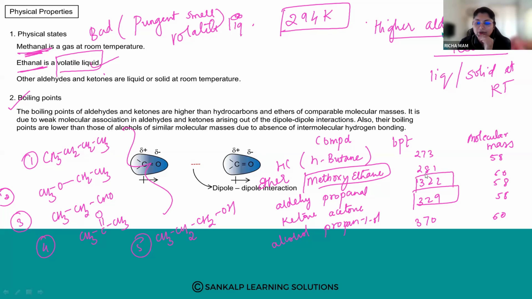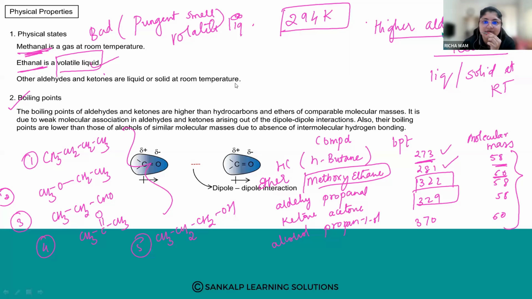When you compare this, you can see that aldehydes and ketones have a higher boiling point as compared to ethers and hydrocarbons. And the molecular masses are almost the same: 58, 60, 58, 58, 60.